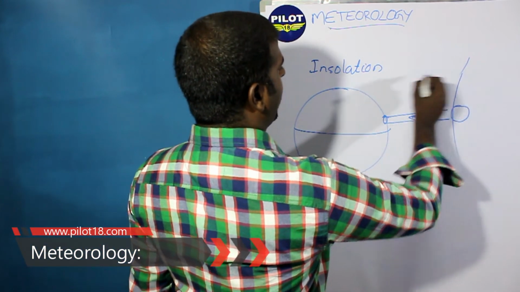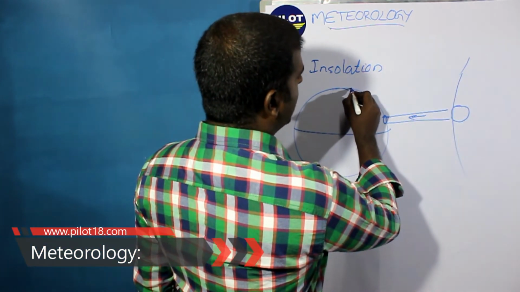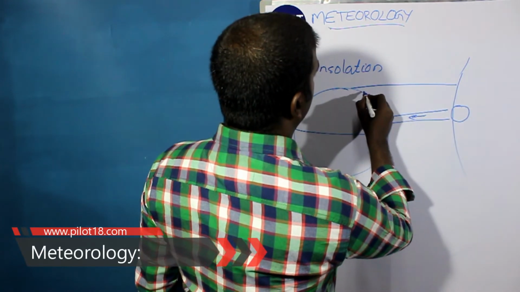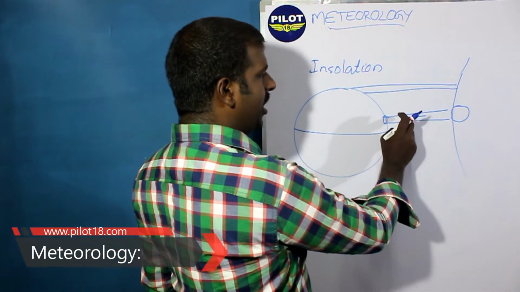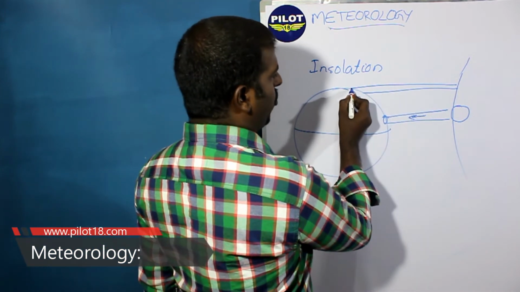And in polar regions, what happens is, same size of beam is there in tropics and in polar region.